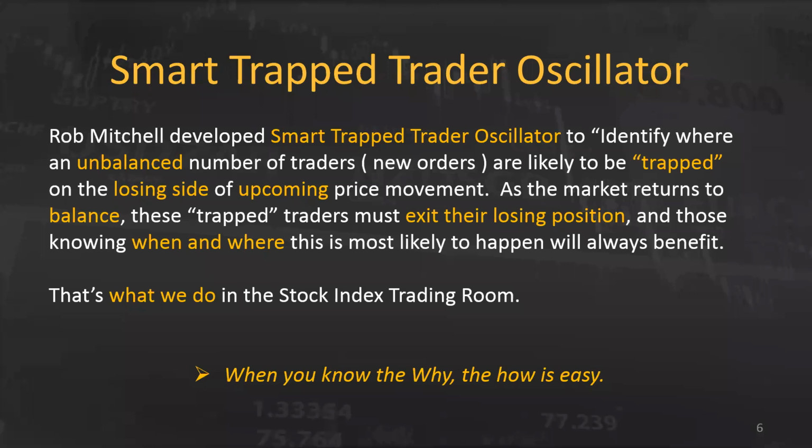We don't know what the future is going to hold any more than you do, but we know what the past has been like, and that's what we're going to look at. But Rob designed Trapped Trader Oscillator to help us get on the correct side, the opposite side of where weak money is trapped.